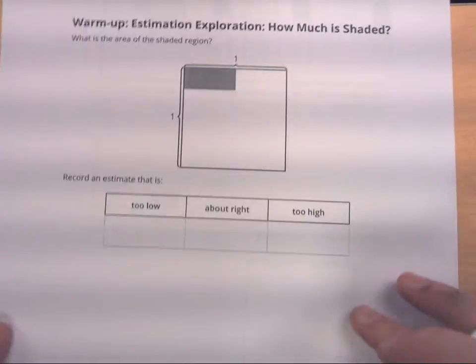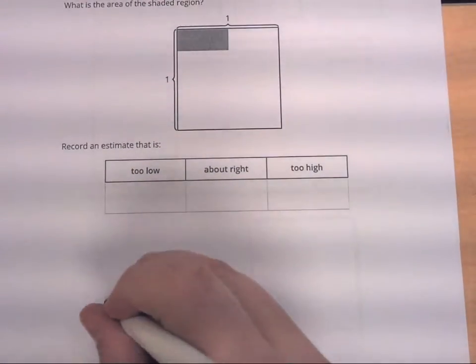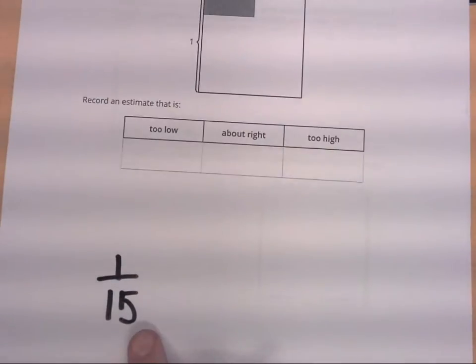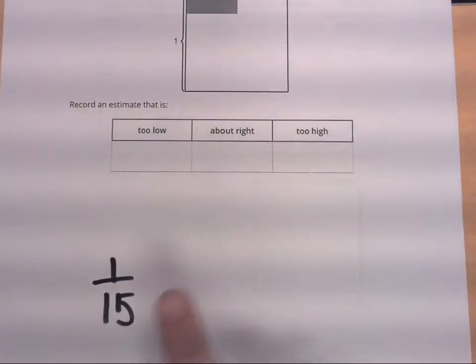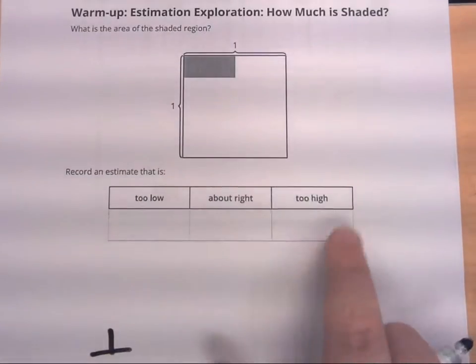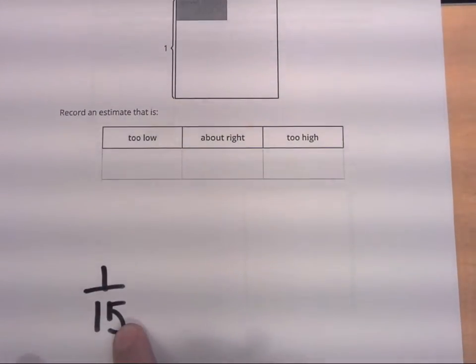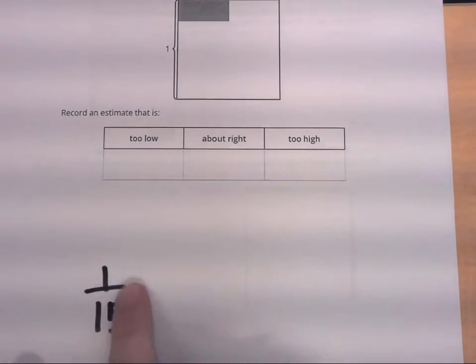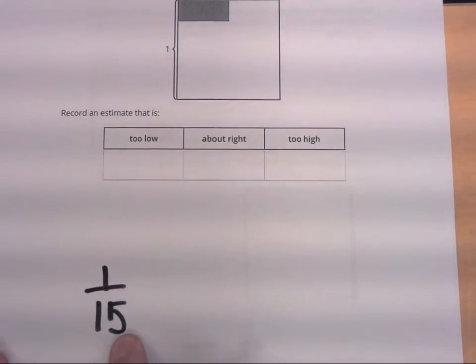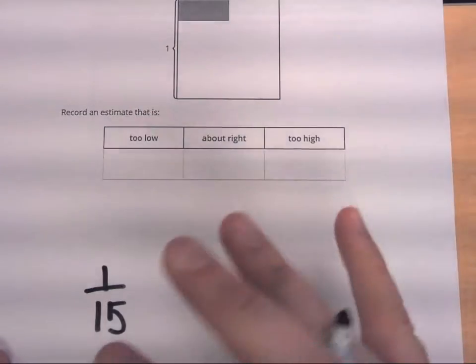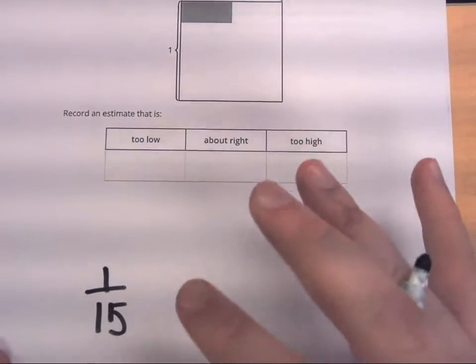So for instance, some students believed a fraction such as 1/15 would be too high of an estimate for this area here because of their belief that the denominator's value determines whether or not the actual size of the fraction is going to be smaller or larger.